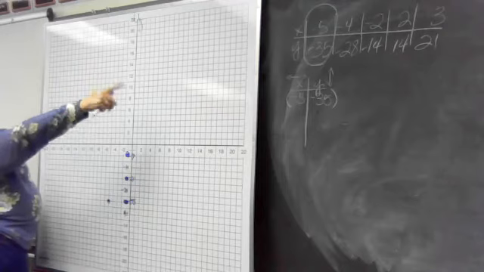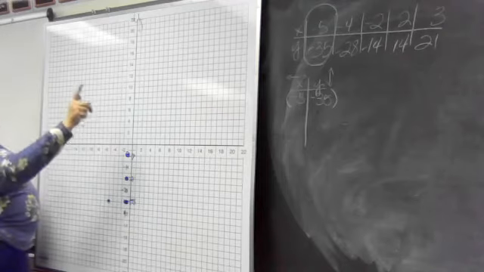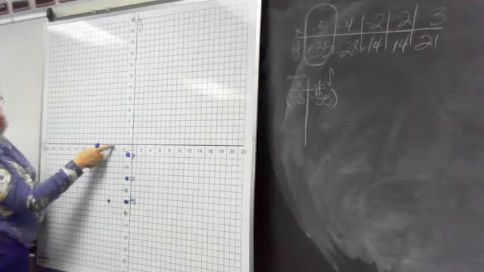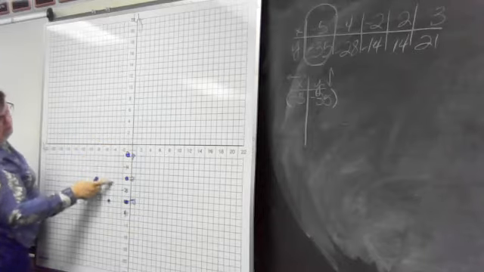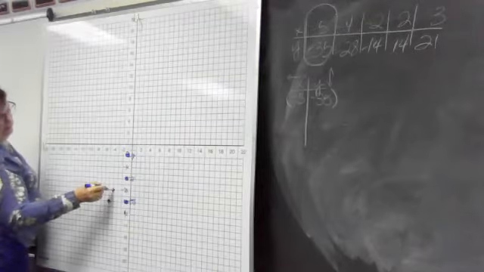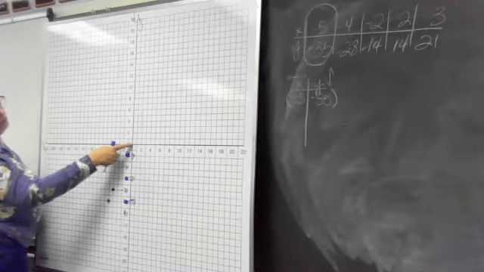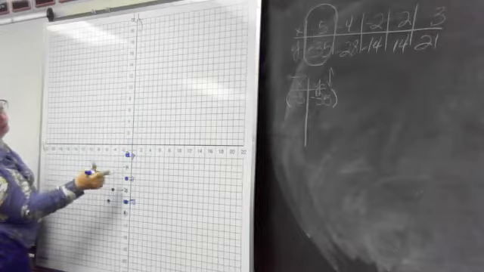Okay, the next point says that I'm going to go -4 on the x-axis right here, but I'm going to go down -28. Are you following me? Then -2, 1, 2, and it's still negative, so I go down 14.